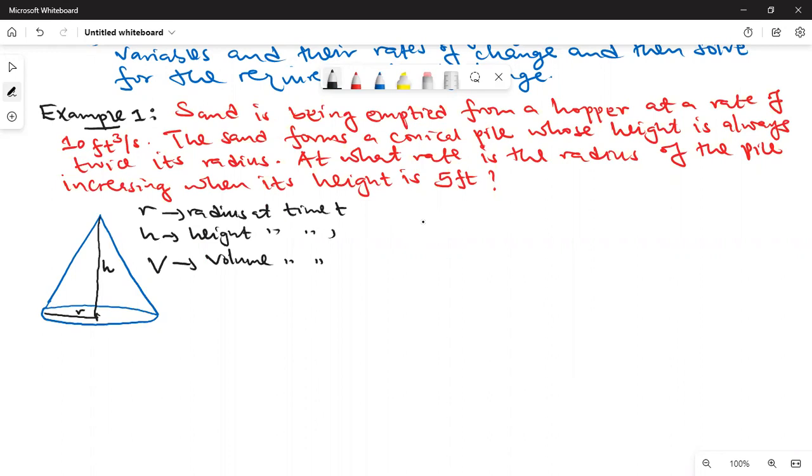So look at the information. Sand is being emptied from my hopper at a rate of 10 cubic feet per second. When we are emptying sand from the hopper, it means our conical pile will increase in volume. And something I need to tell you: when it comes to related rates problems, every time something is increasing, we give it a sign of positive to mean an increase.